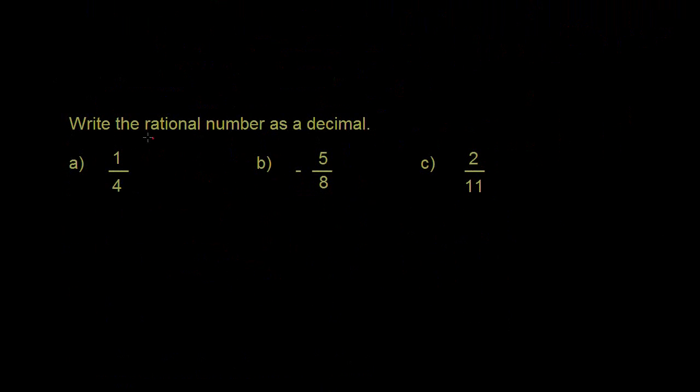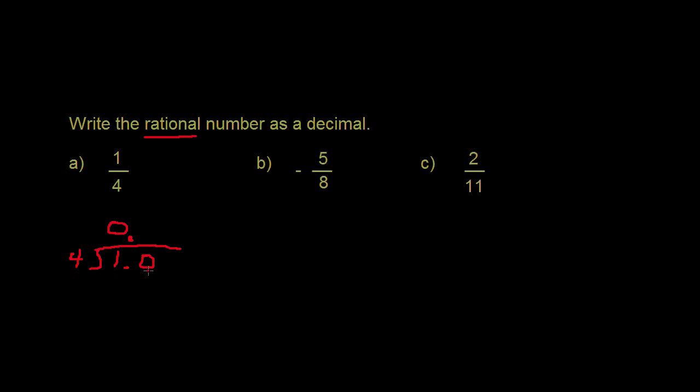Next, we are to write the rational number as a decimal. To do this, we simply divide the bottom number into the top number. So we're going to divide 4 into 1. Does 4 go into 1? It doesn't. It goes in 0 times. Does 4 go into 10, however?